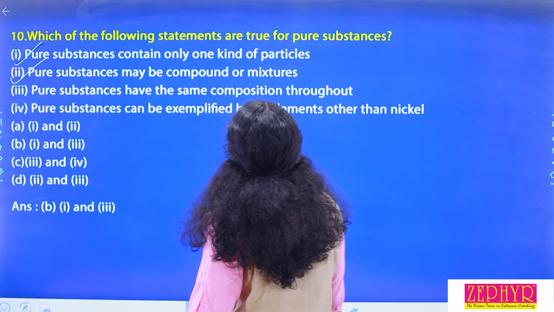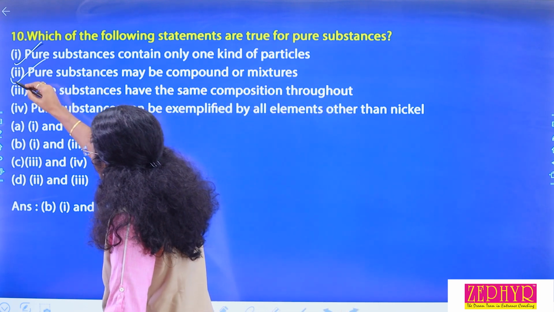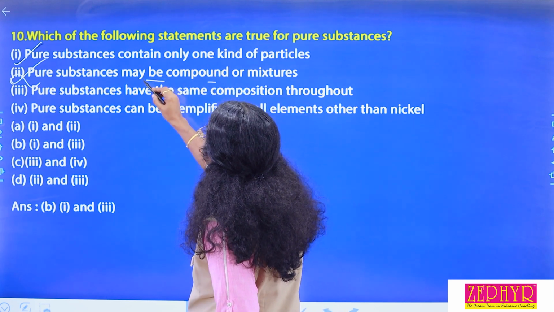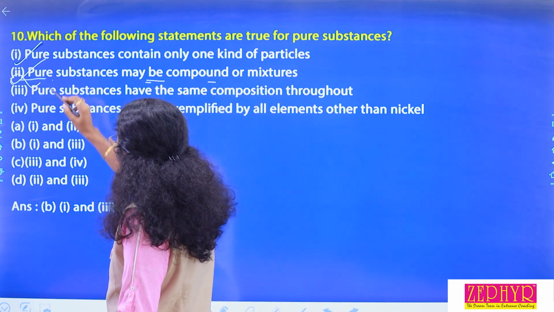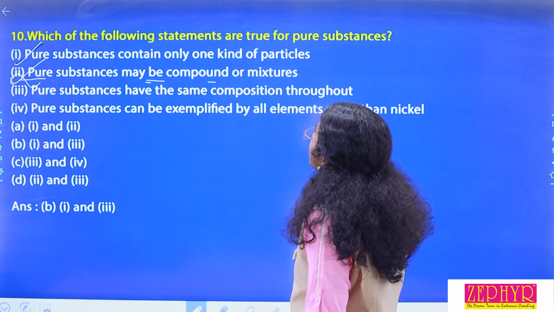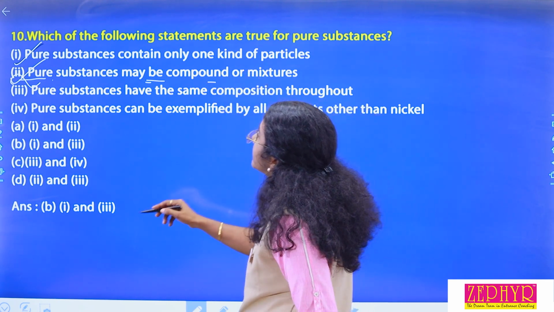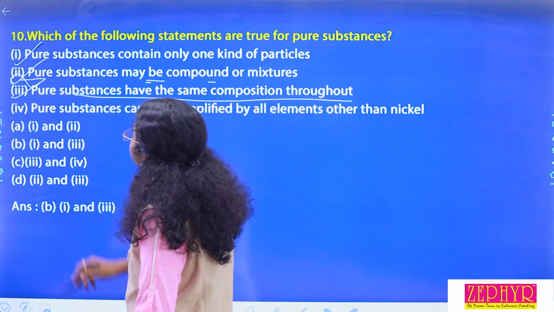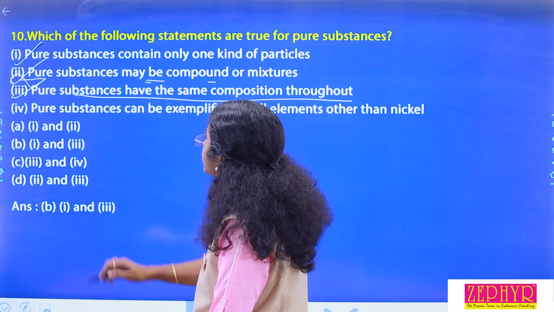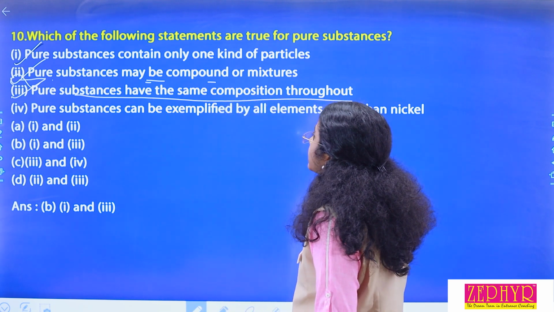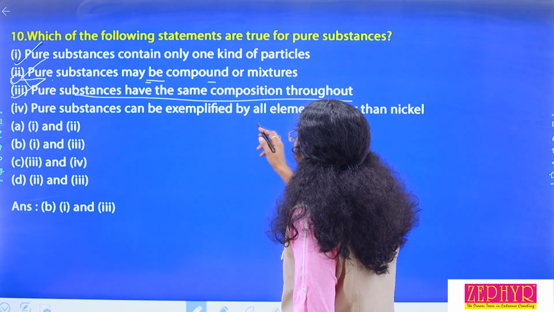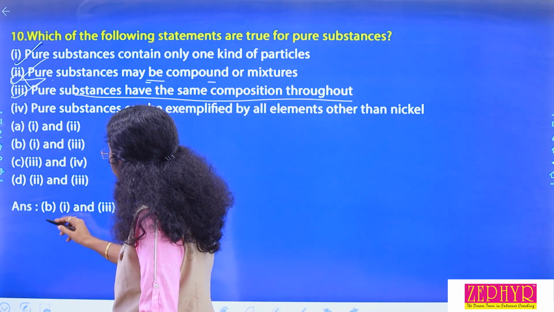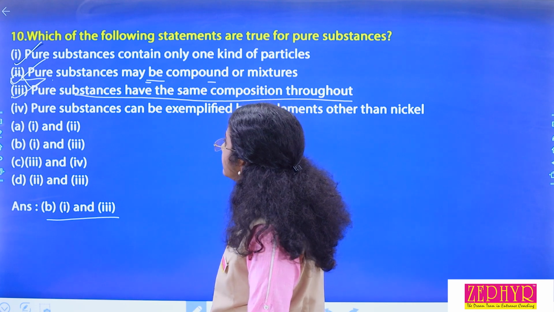Pure substance may be compound or mixtures, that is wrong. Pure substance may be element or compound. Pure substance can be exemplified by all elements other than nickel, wrong. So 1 and 3 are right. The option is B, 1 and 3.